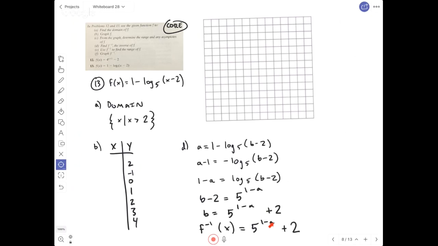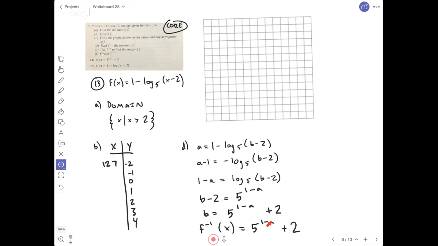So -2. 1 minus -2 is 3. 5 cubed is 125, plus 2 is 127.